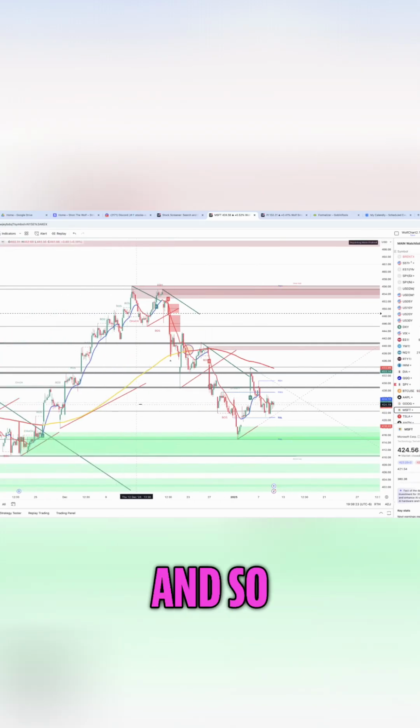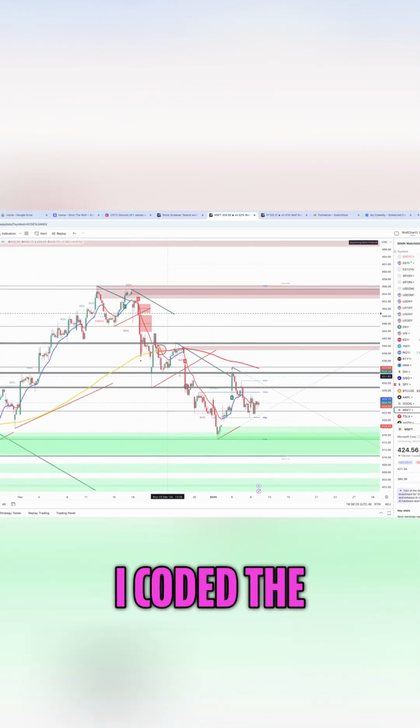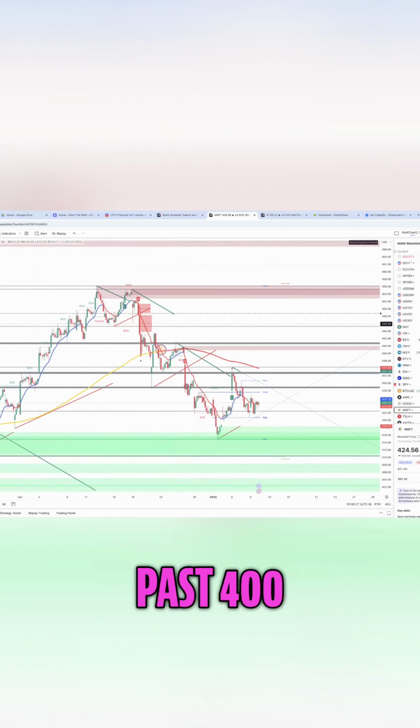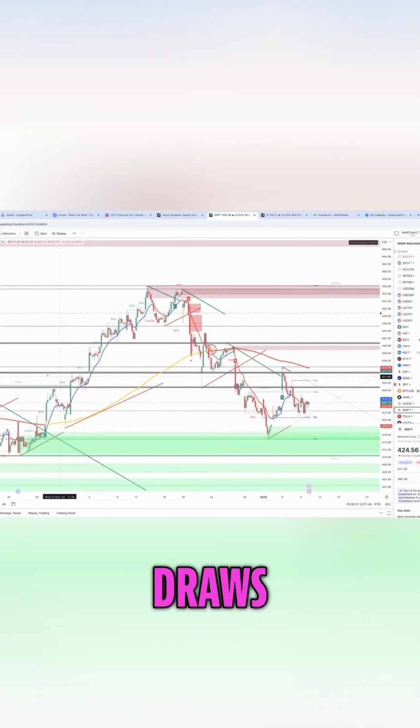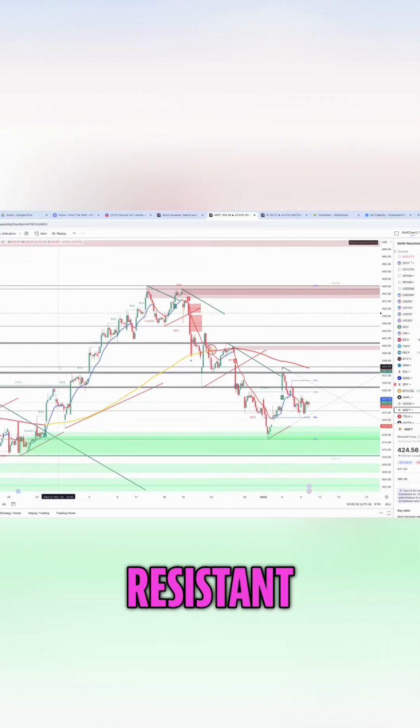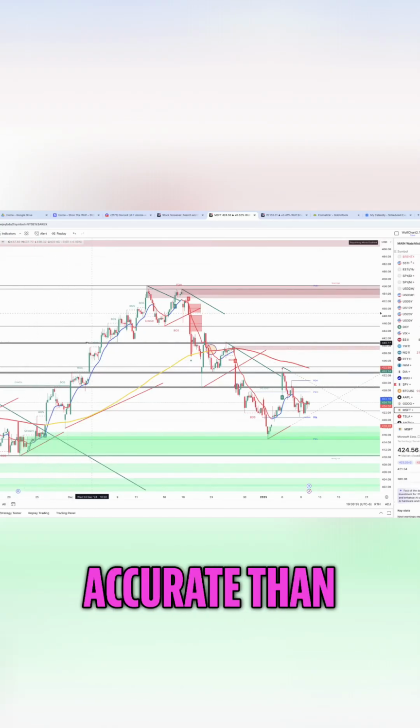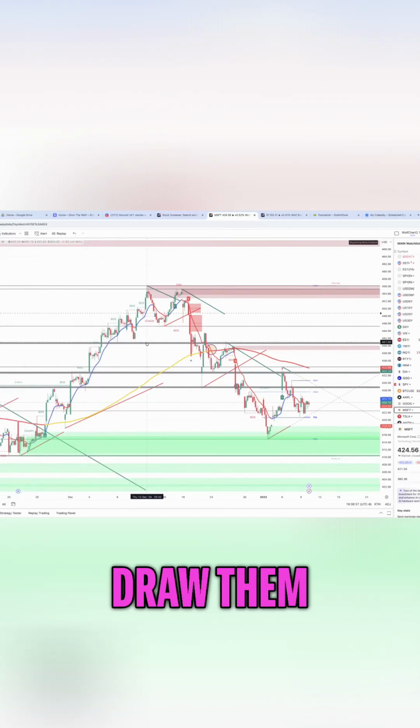On my chart though, I coded the chart to look over the past 400 trading days of the stock history, and it automatically draws all the support and resistance levels for you, way more accurate than what you could draw.